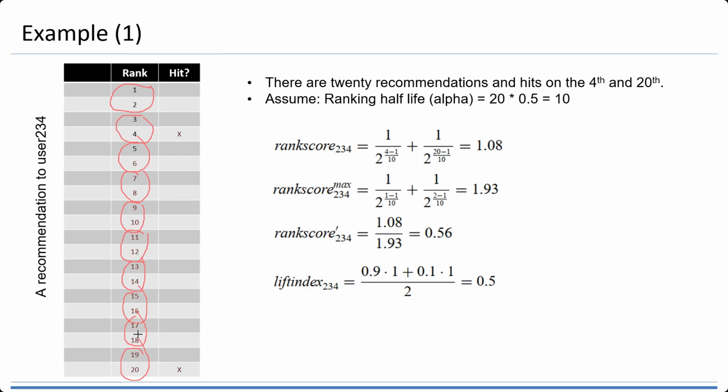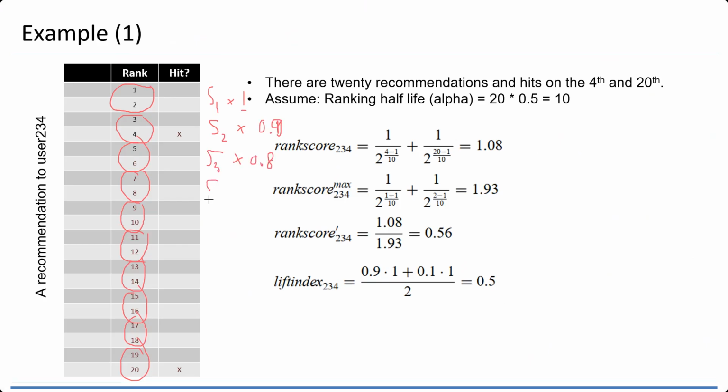If it is in the first decile, so it is S1, then we will multiply by 1. The higher weight means the more important. If it is in the second decile, it will be multiplied by 0.9. If it is in the third decile, it will be multiplied by 0.8.